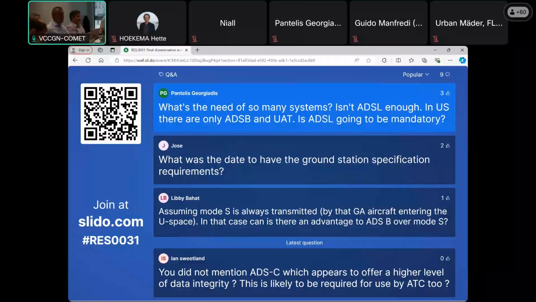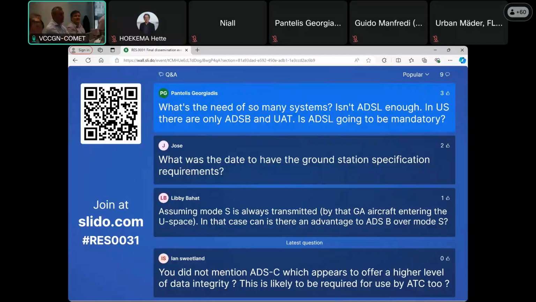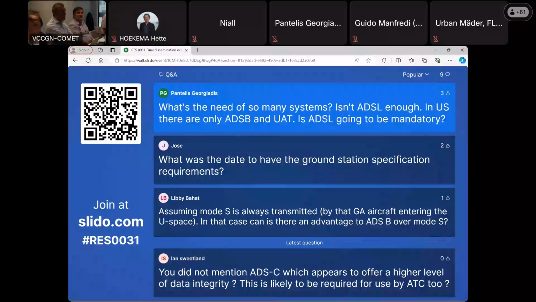When we started to develop ADSL, the starting point was ADSB out, and to a significant extent, ADSB out and ADSL are close enough to work together or to be processed together. We are in discussions on how to make this convergence or alignment even closer.